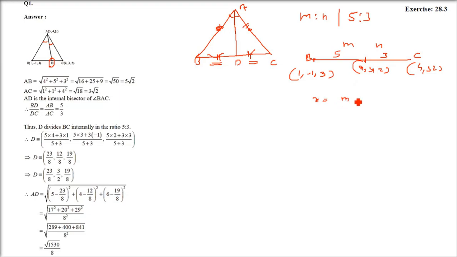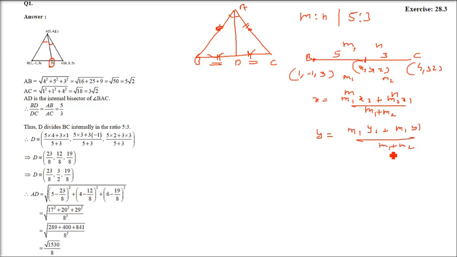X will be, if I take M1, M2 rather than M and N, because in your book it is given as M1, M2, so I am taking M1, M2: M1 X2 plus M2 X1 by M1 plus M2. Y will be M1 Y2 plus M2 Y1 divided by M1 plus M2.